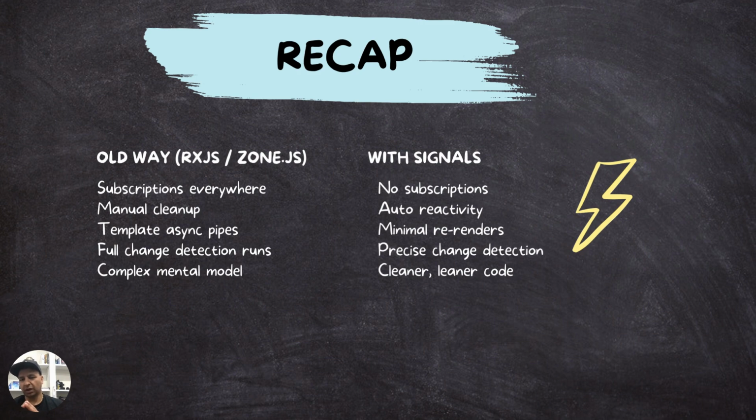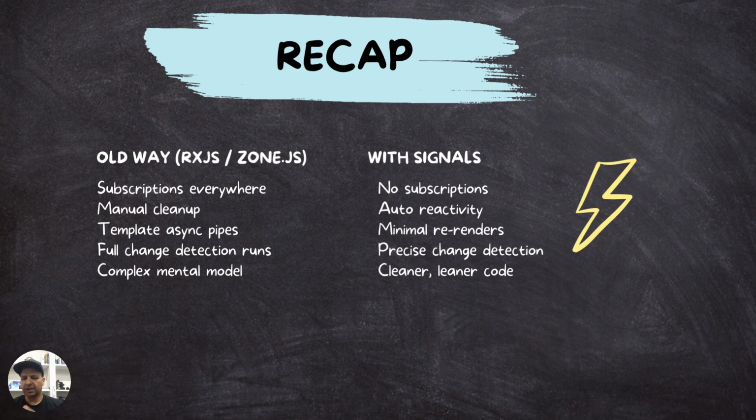Even if just one item changed, Angular didn't always know where, so it played it safe and ran checks on the entire component tree. So signals solve this by providing fine-grained change detection. And if a signal changes, Angular knows exactly what DOM bindings to update.